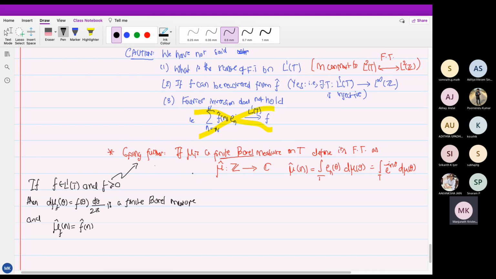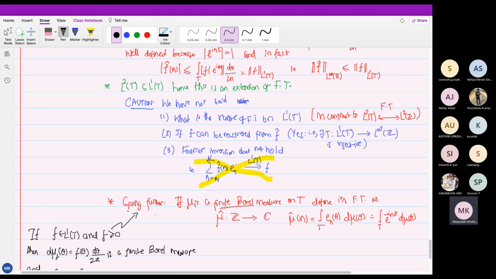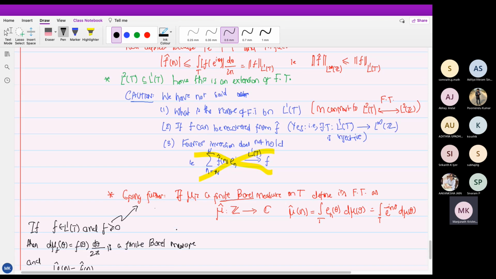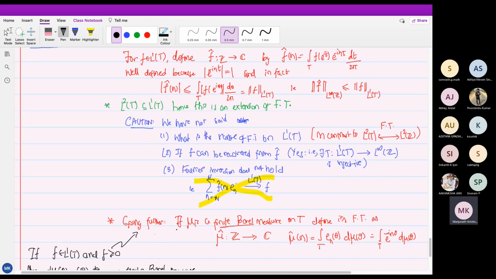When I consider measures, they will be positive measures. But in this sense, it is an extension from functions to measures. So you don't even need functions to define the Fourier transform. You can define it for measures also. One can even go further, but this is where I will stop. Any questions, comments so far? Is it okay?